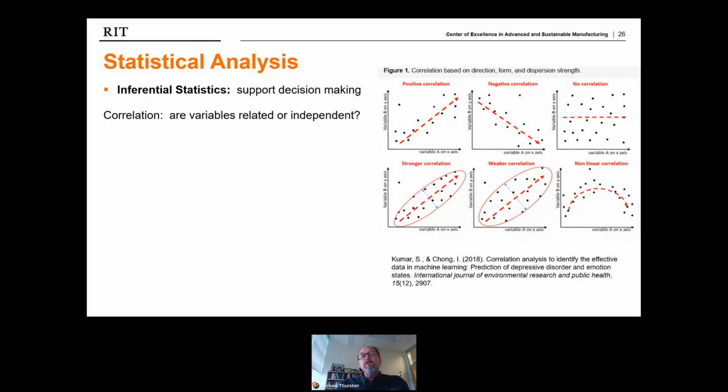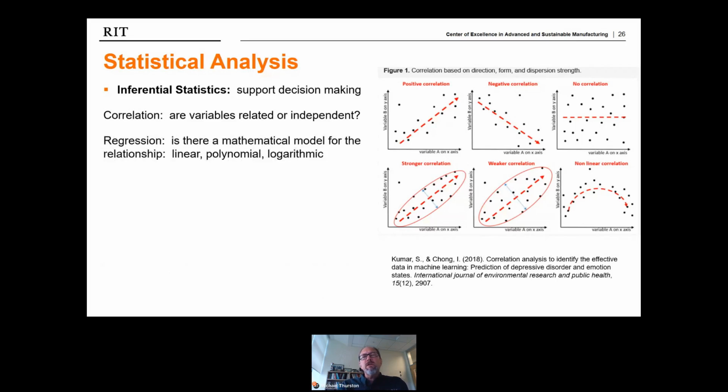So, we talked about linear, but there may be other types of correlation. The other thing to mention is that we often look at data relationships in two variables because it's easier for us visually to process, but these concepts apply to multidimensional relationships as well, many dimensional relationships.